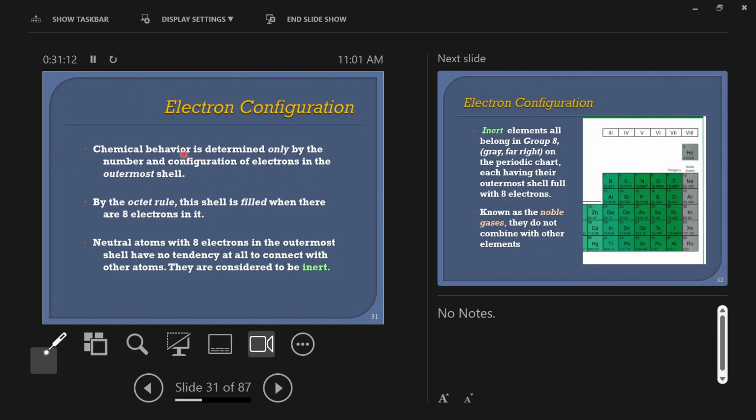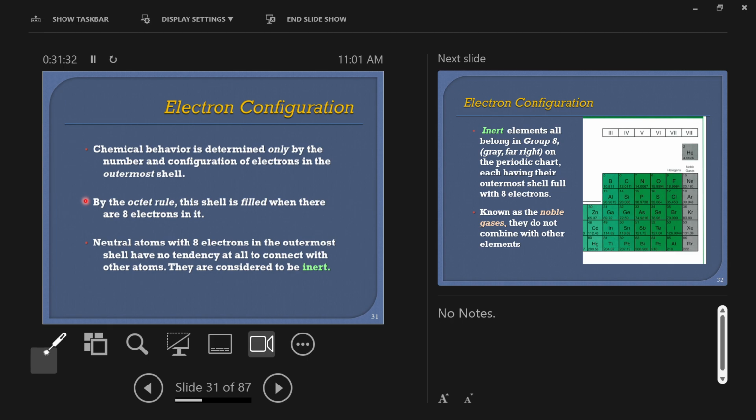So let me just restate what I've said. Chemical behavior of atoms is determined only by the number and configuration of electrons in the outermost shell. So for chemistry, we care about the outermost shell. For chemical interactions, the outermost shell.